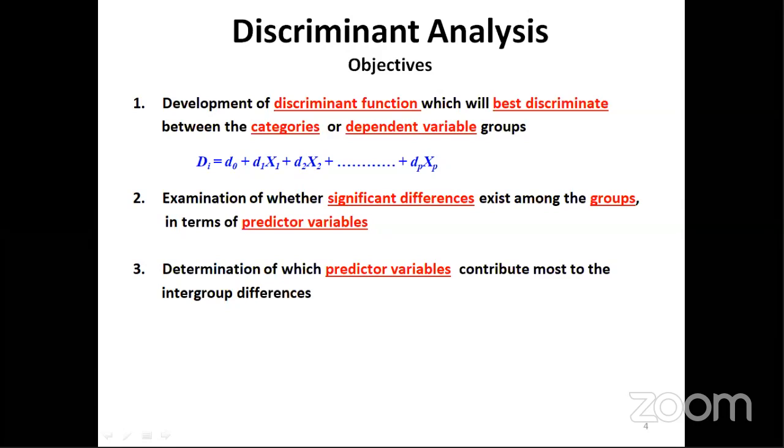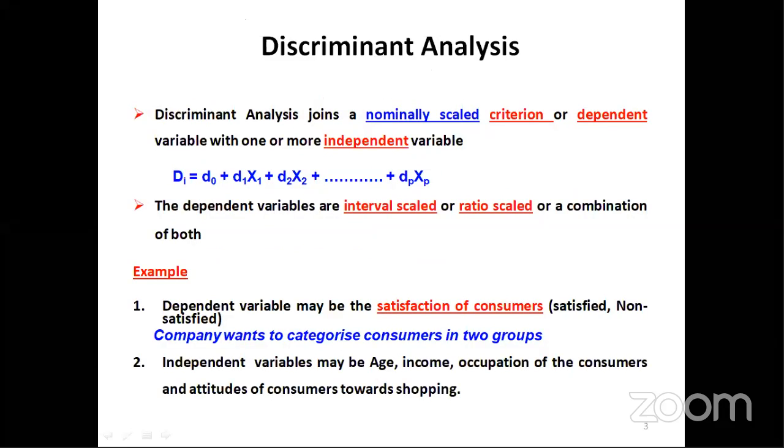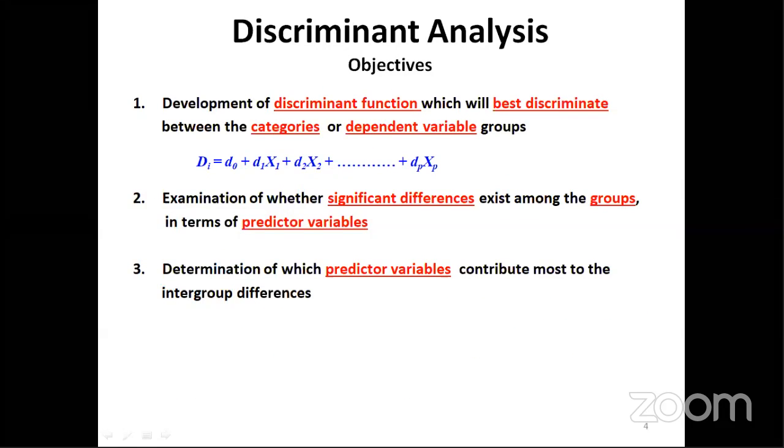As I discussed for the multiple regression analysis, if you remember, I took one example. If you want to explain the expenditure of the household using income of the household and family size, then which one is explaining the expenditure better, whether it is explained more by the income or more by the family size, this is necessary to identify. That can be identified by using the standardized coefficient.